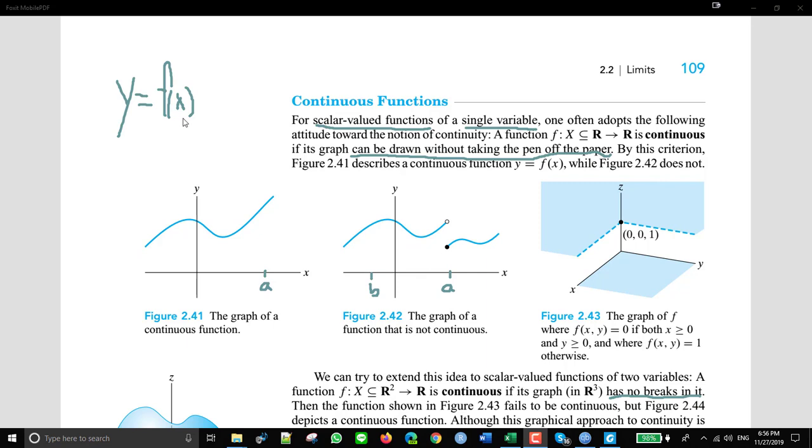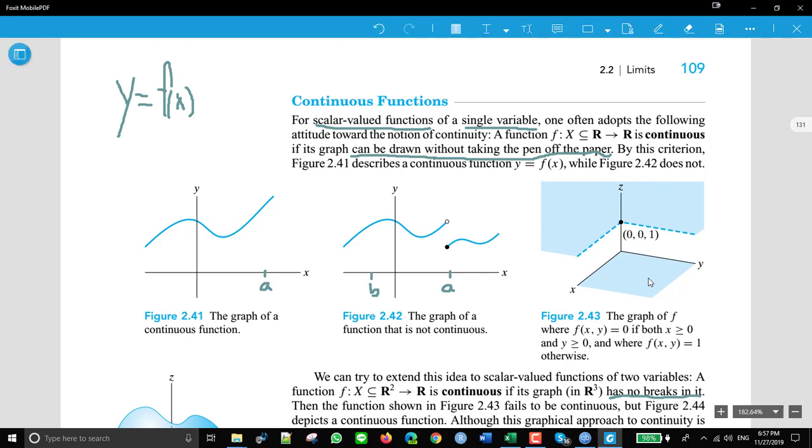But how about in this scenario, that is, for a function of two variables? What do we mean by continuity? Well, it's not clear yet, but would we want to call this function continuous? Probably not. But we could still be a little bit more clear, and we could say, well, what about at this point? Would we say it's continuous?